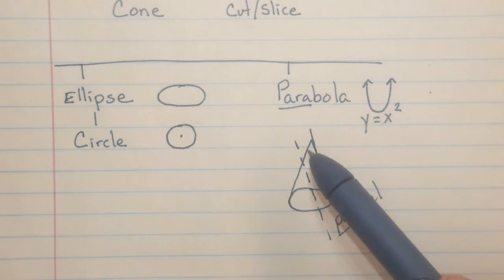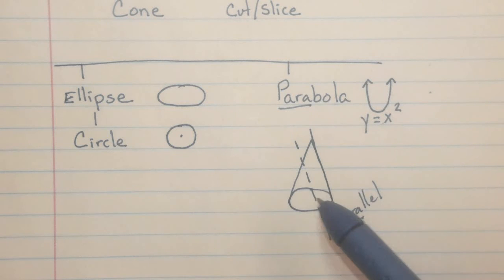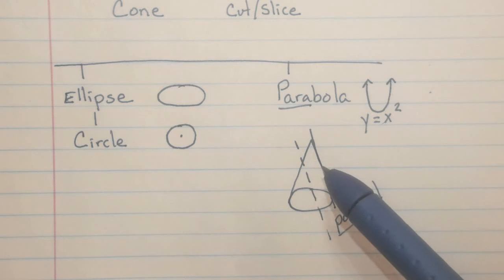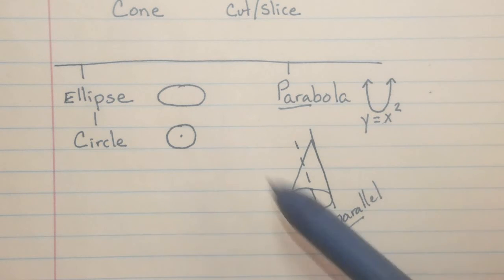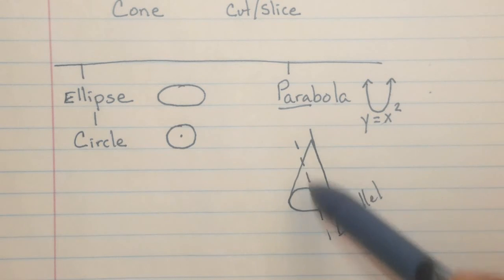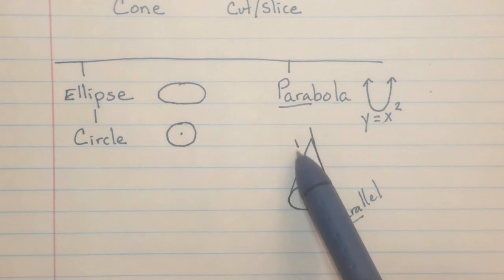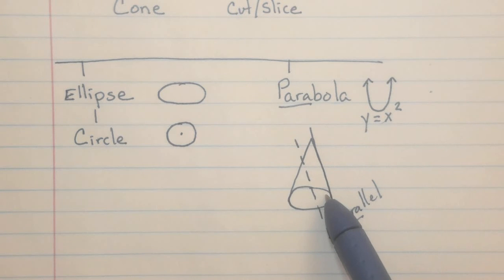So if this cutting angle is congruent to this vertex angle, then if you remember back from geometry about transversals and congruent angles, if these angles are congruent, these two lines are parallel.